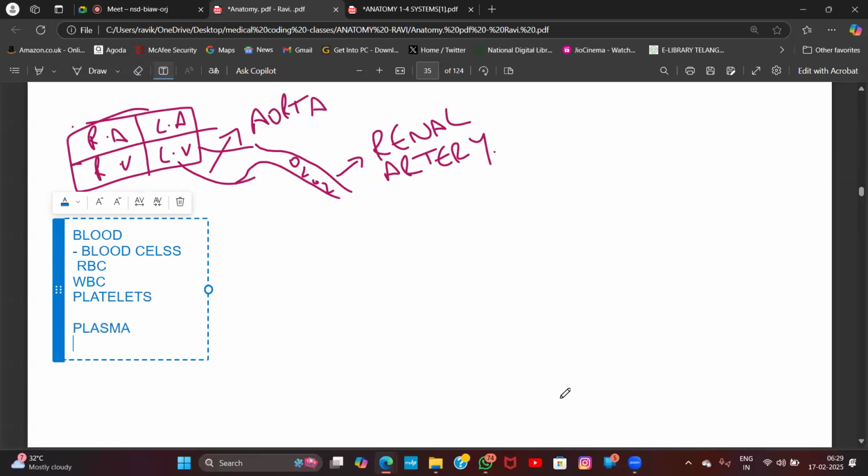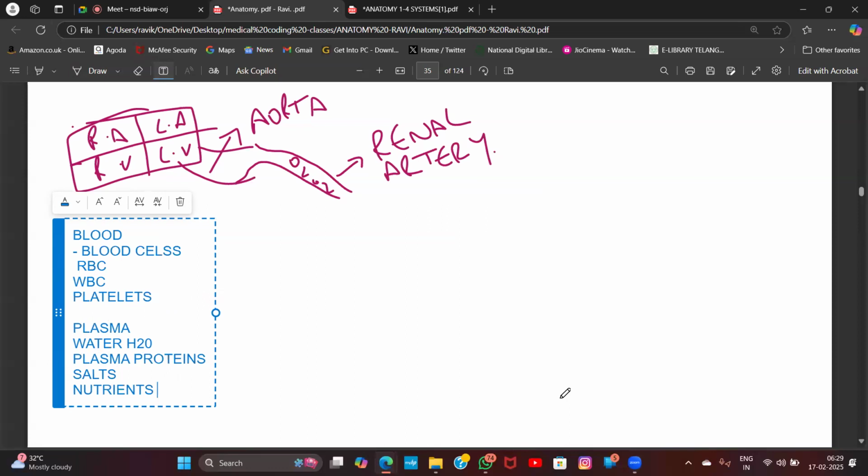What does plasma include? Water, H2O, plasma proteins, salts, nutrients like glucose, and the last one, waste materials.